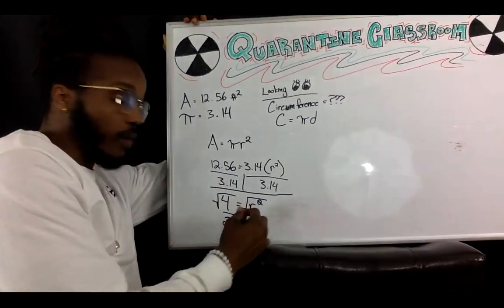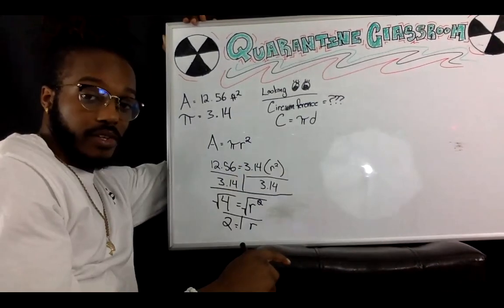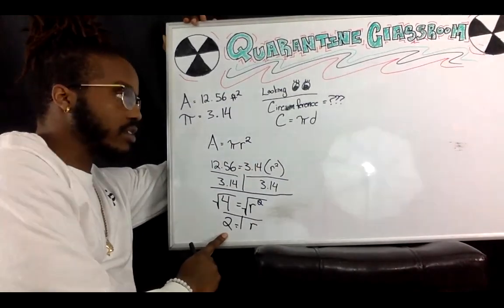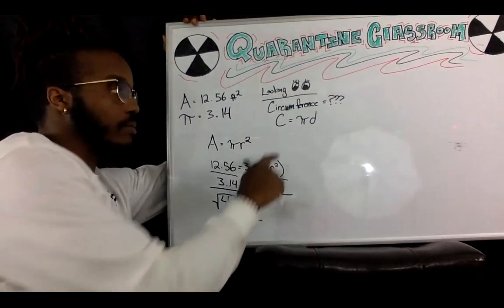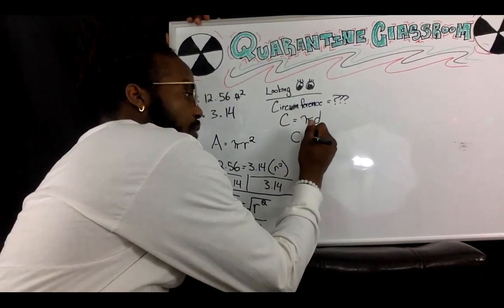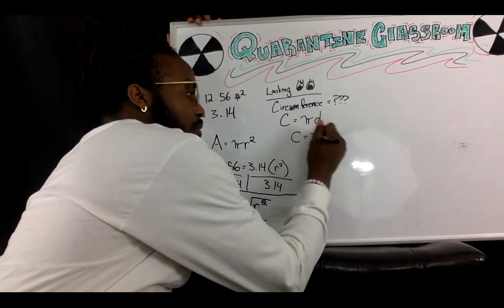How can I use a radius of 2 to find my circumference? If you're thinking about multiplying this times 2, then you're absolutely correct, because that's what we would do to put back into this equation to find our circumference. I know that if my radius is 2, then my diameter is 4.